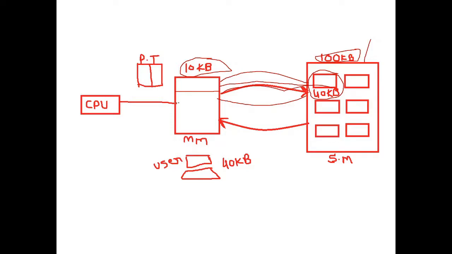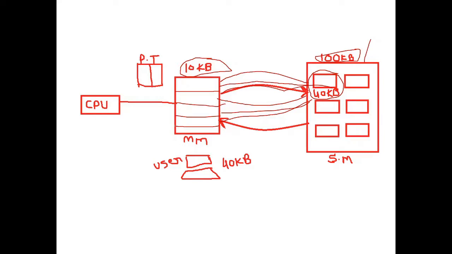Then it will again execute 10 KB and release the memory, and then another remaining 10 KB will be brought to the main memory. After execution it will again release the memory, then the remaining 10 KB will be brought to the main memory. In this way, by dividing the process into 10 KB parts, the process will be executed.